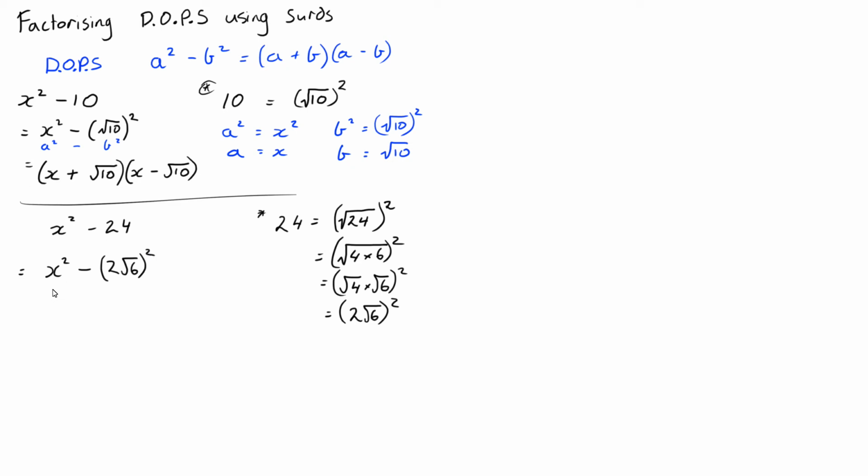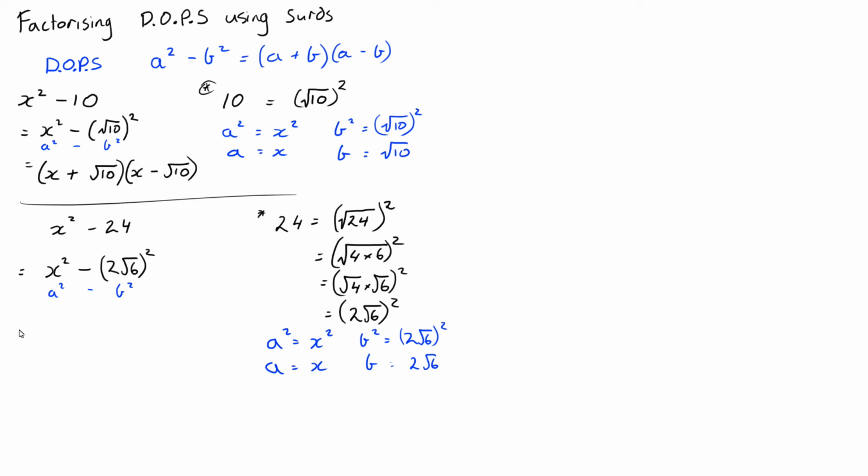Then I think to myself, I've got a squared minus b squared. So a squared is the x squared term, so a by itself must be just x, and the b squared term is the 2 root 6 all squared, so b must be equal to 2 root 6.